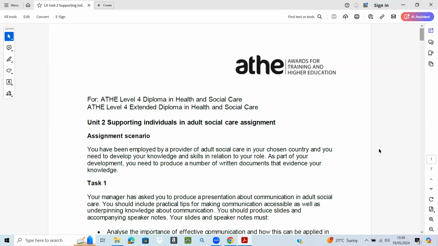So we have gone through the important aspects which we discussed in unit 2, including all the learning outcomes from learning outcome 1 to 4. Now we will look at the assignment brief. So this is the assignment brief we have.